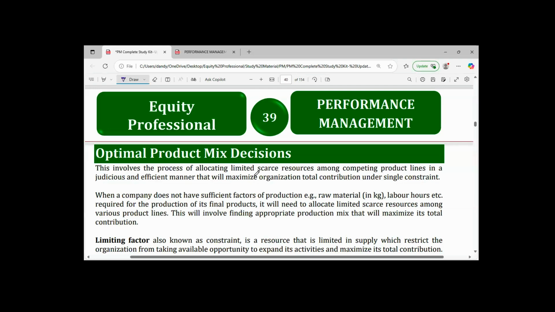Anything that will limit the ability of a company to achieve its goal is known as a constraint or limiting factor. We have single constraints. There are also multiple constraints. When only one factor of production is limited in supply, that is a single constraint. But when more than one factor of production is limited in supply, that is what is known as multiple constraints.